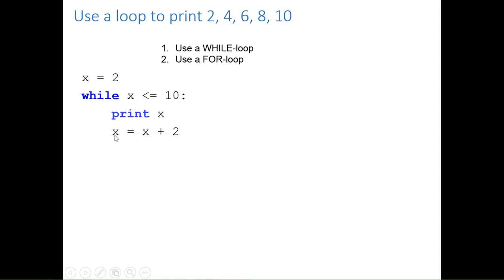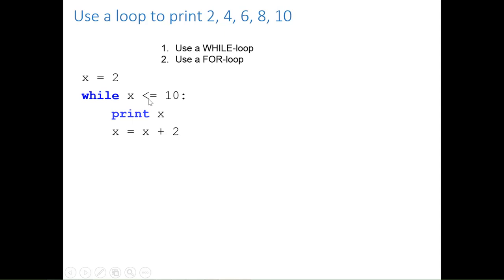And this assignment statement sets x equal to x plus 2. So whatever the current value of x is, it gets 2 added to it, and then replaces x with the new value.